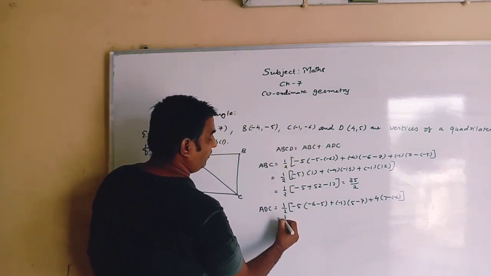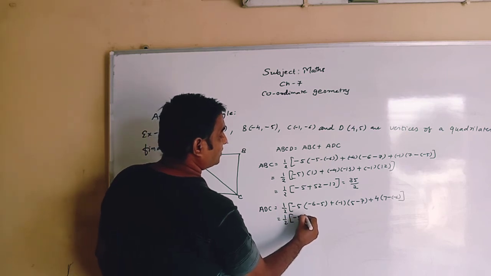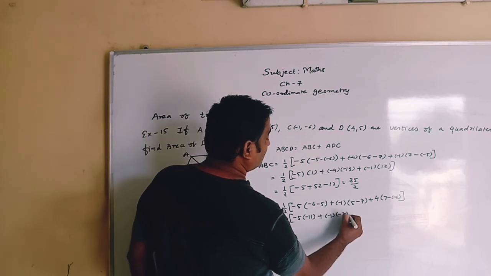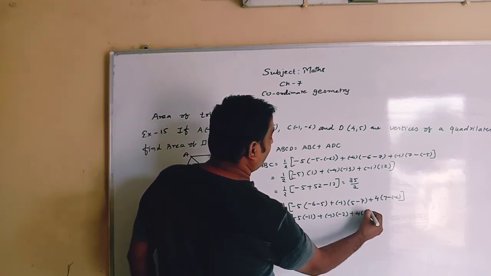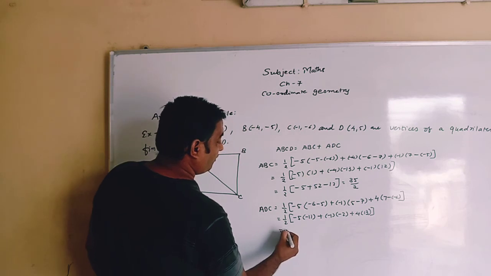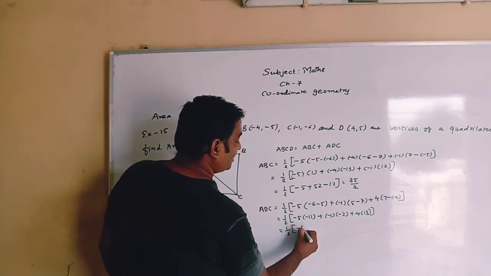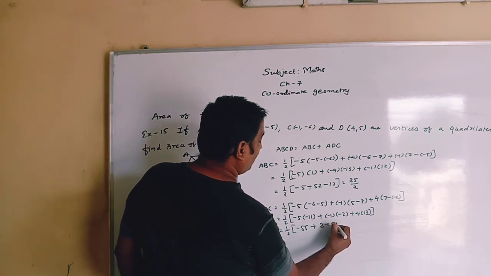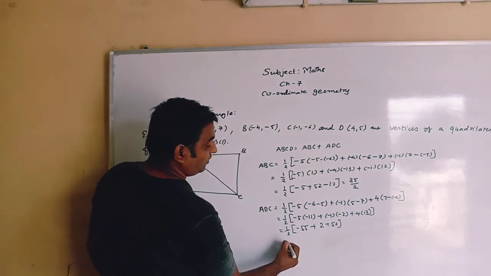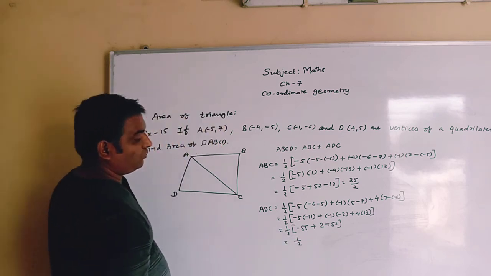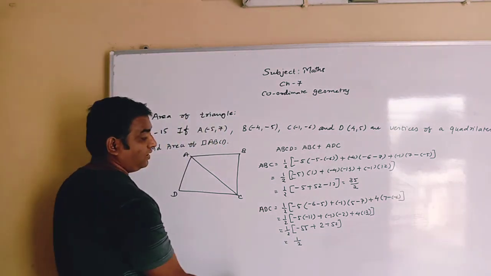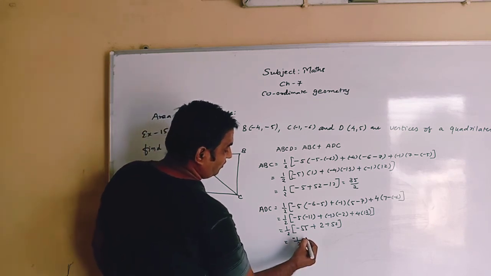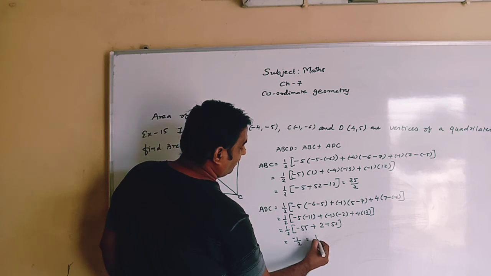And so we will have 1 by 2 [−5 into −11 plus −1 into −2 plus 4 into 13]. And so we will get 1 by 2 [55 plus 2 plus 52]. And so the answer is 1 by 2, so minus 1 by 2, and so for the area we take the absolute value, so 1 by 2.